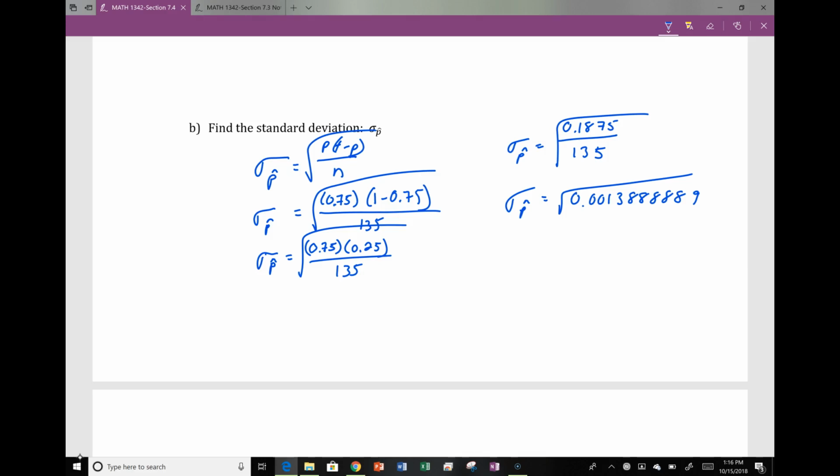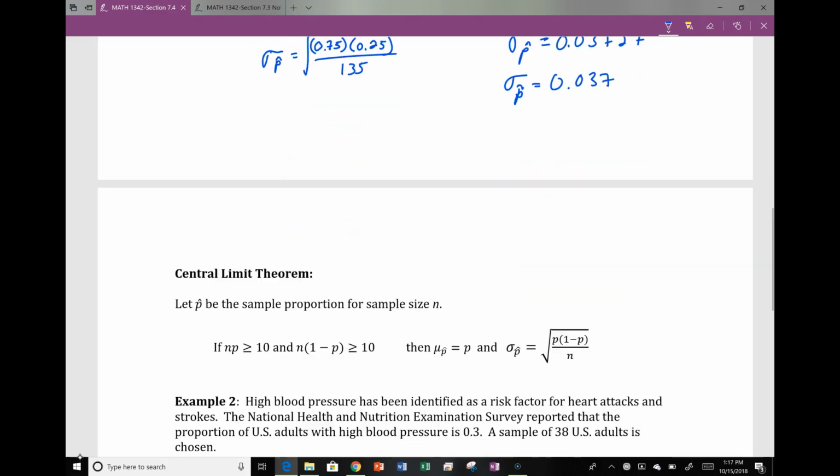When I take the square root of that, it's 0.03727, which we can look at as being 0.037. This would be the standard deviation. So 68% of our data falls within one standard deviation of our mean. Now the hardest part about this is remembering what our values are.